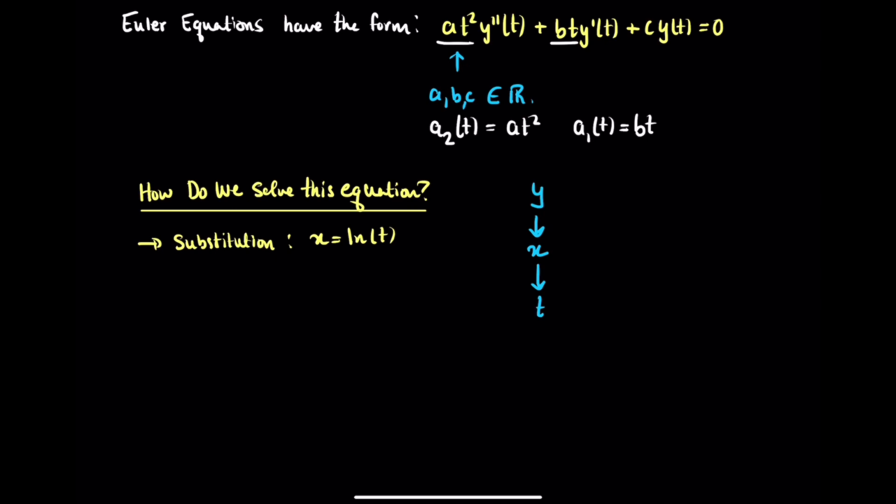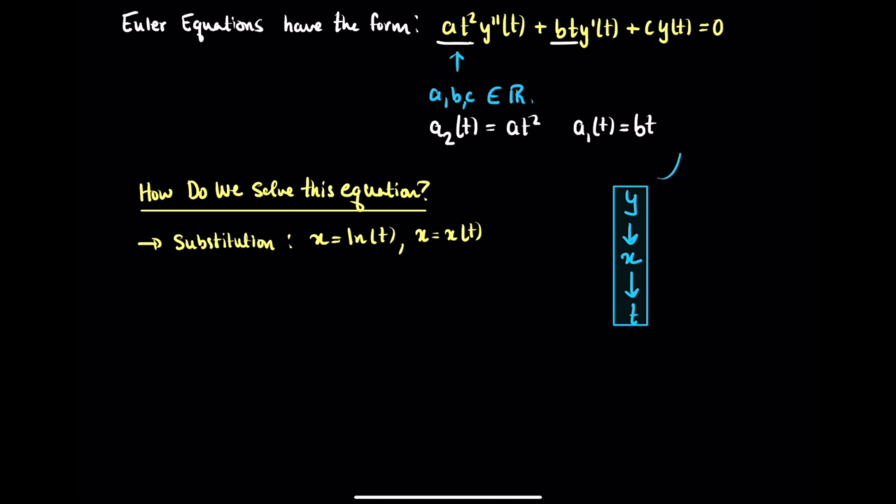And this x, I should be more specific, is x of t. By this substitution, we're defining a new intermediate step between x and t, such that the t squared in a2 and the t in a1 is no longer there, and it's just some constant. That's what we're trying to do.